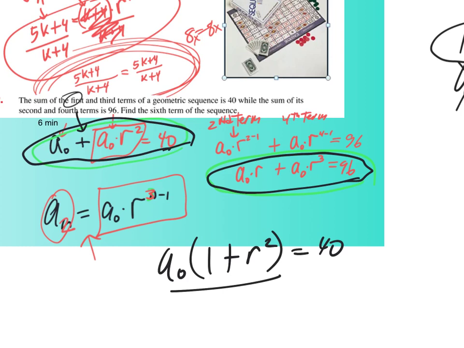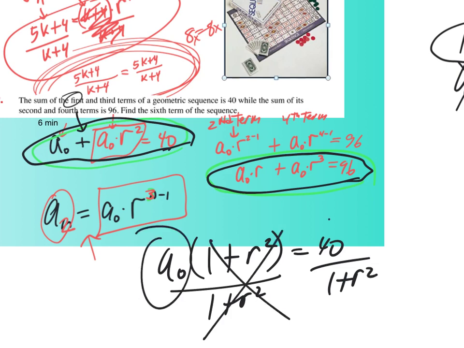Nope, sorry, divided by 1 plus r squared. And that's a sub 0. And now I can put that a sub 0 in over here.